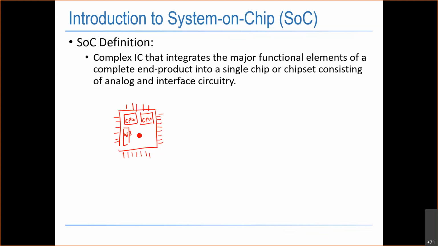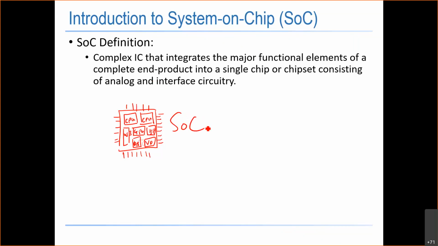And then we also have, let's say, a GPU inside the same IC. We have an image signal processor, a DSP, a video decoder, and so on. So what we have is an IC with a complete system on that chip. We call that system on chip.